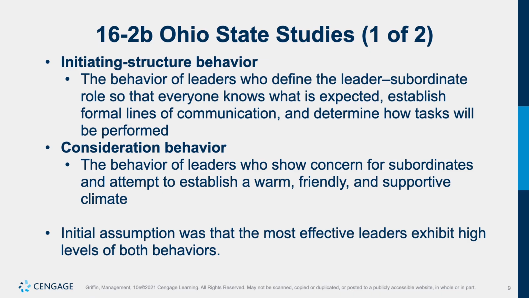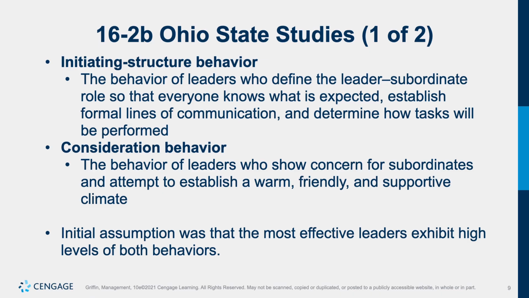Such leaders establish formal lines of communication and determine how tasks will be performed, whereas the leaders that possess the consideration behavior show concern for their subordinates and attempt to establish a warm, friendly, and supportive climate, right?